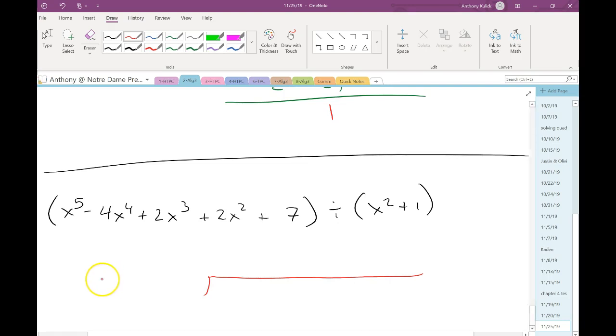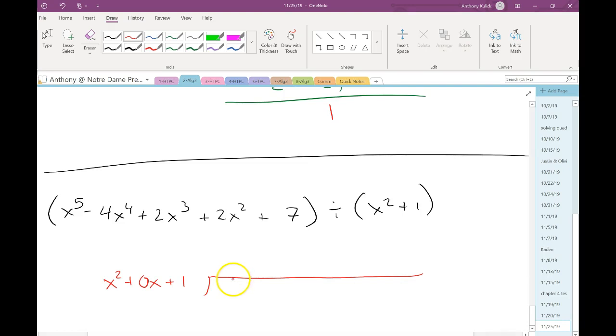I'm not going to write x squared plus 1. X squared plus 0x plus 1. Why am I putting the 0x there? Because I'm missing the x's between x squared and then the constant term, right?